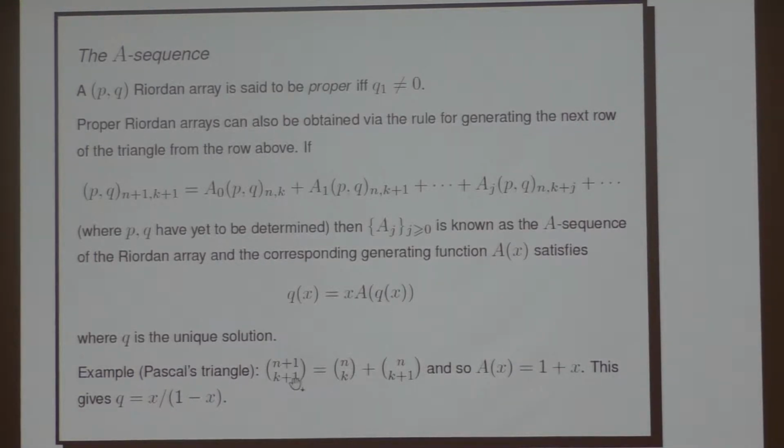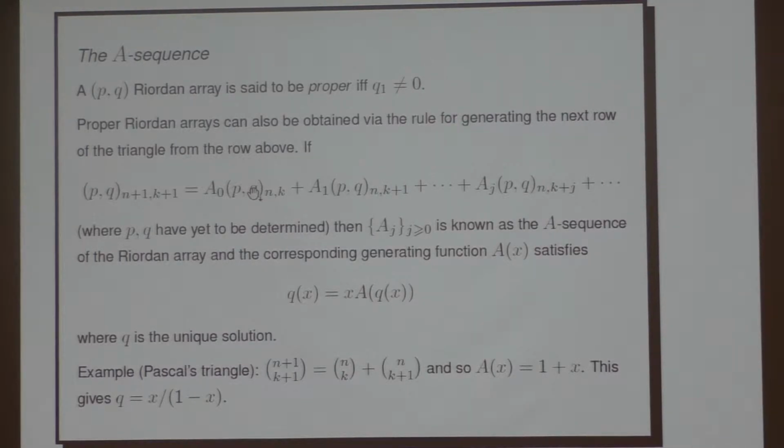A simple example would be if we go back to our Pascal's triangle. The well-known rule with Pascal's triangle, as you learn at school, is that you add the 2 above and you get the 1 below, which in terms of binomial coefficients is this relation here.